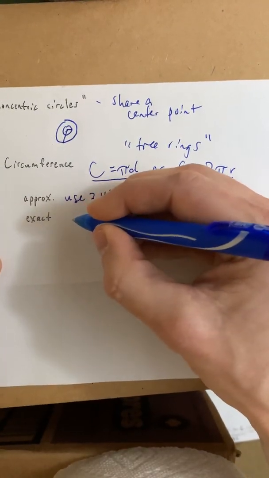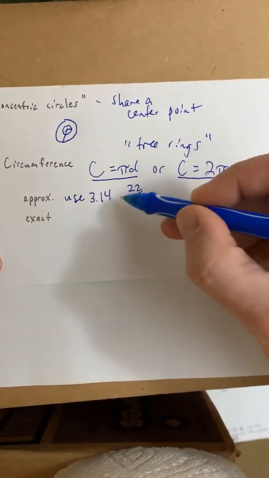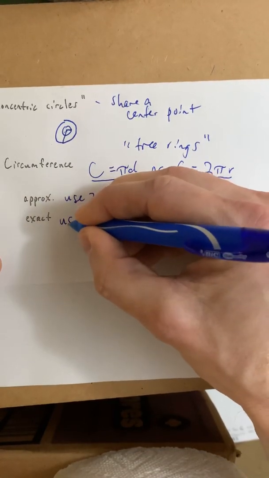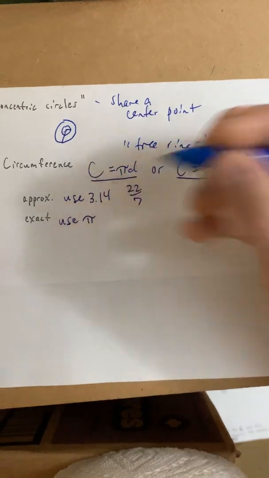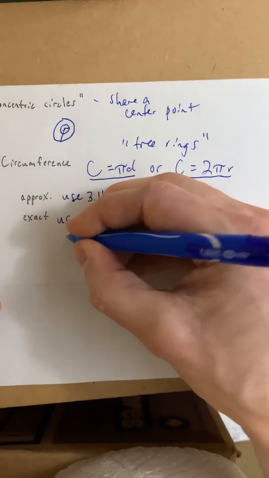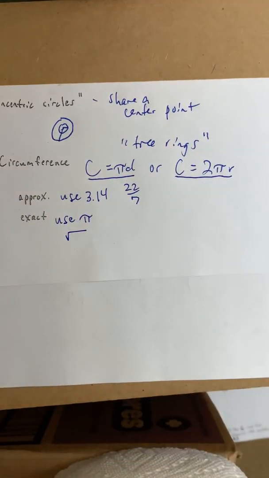For exact, do not change pi to a decimal because this is rounded, remember. For exact, keep the pi symbol throughout the problem and in the answer. Also, don't take a square root if they want exact. Keep the square root or radical symbol.